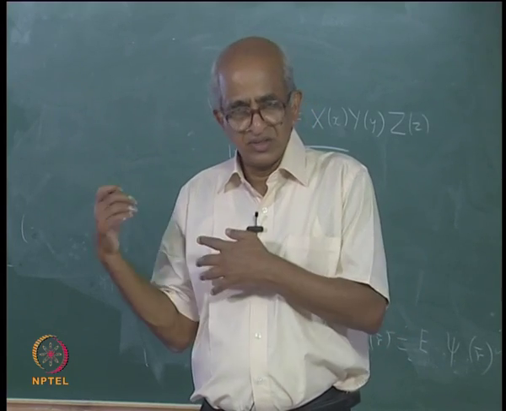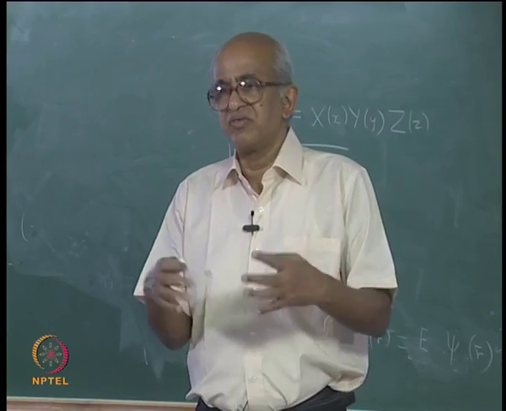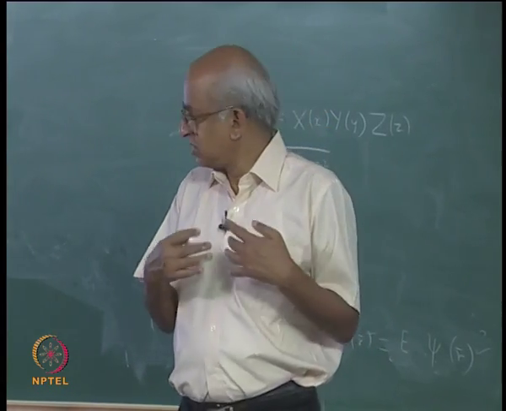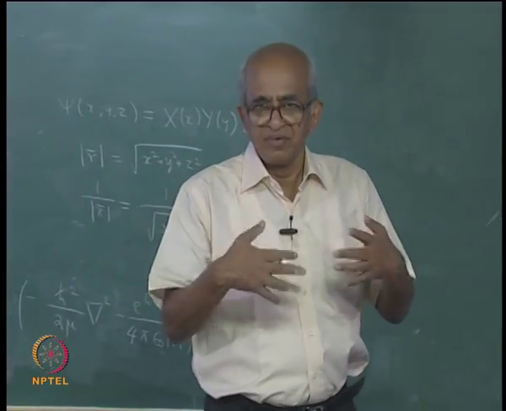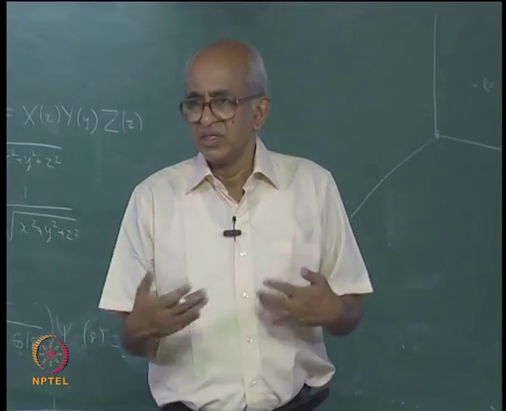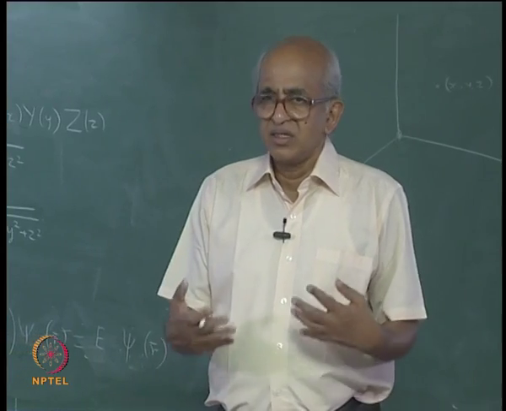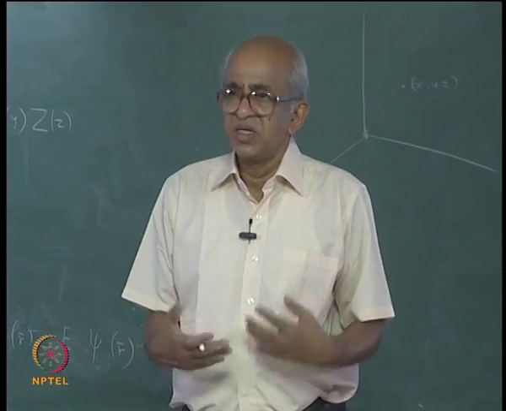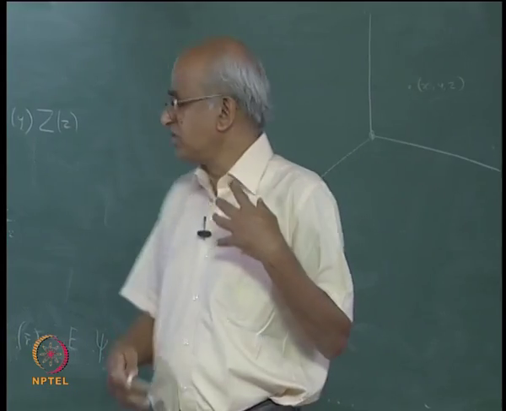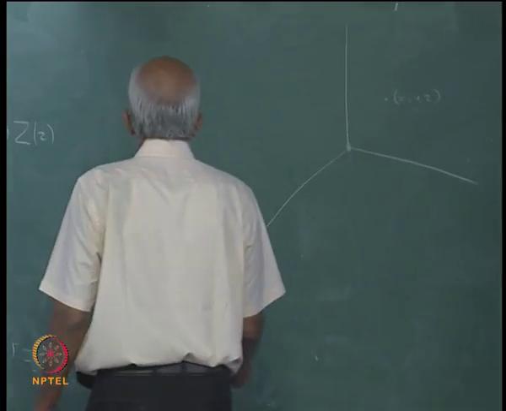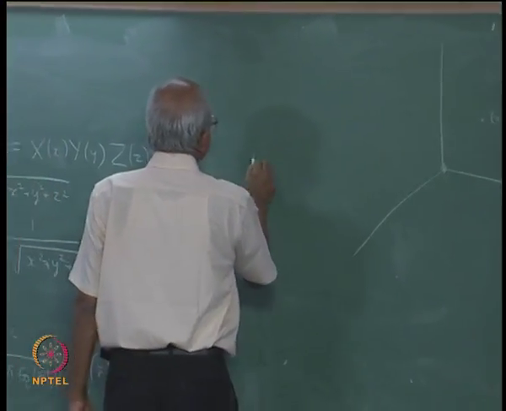So I have to change over to a system of coordinates which would use this spherical symmetry of the system, and a system of coordinates which does that is the polar coordinates.